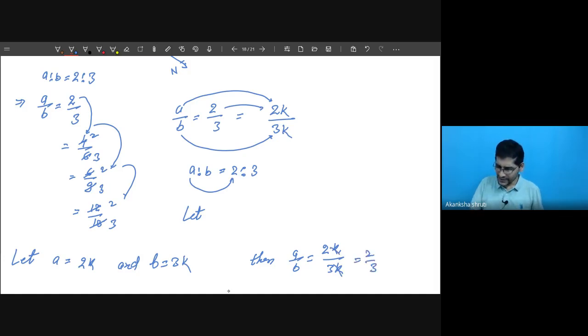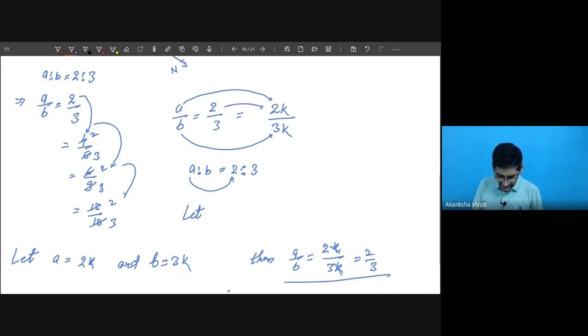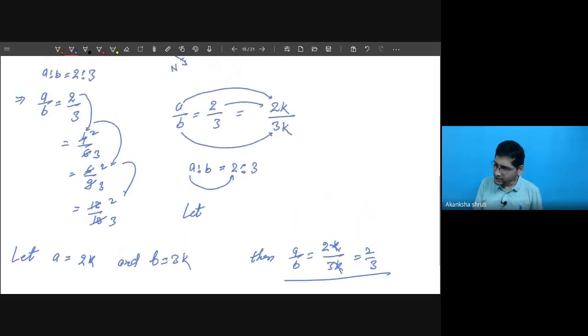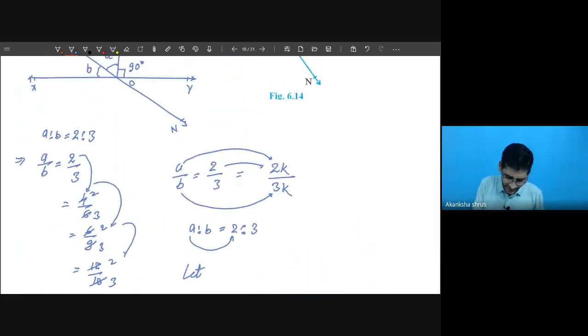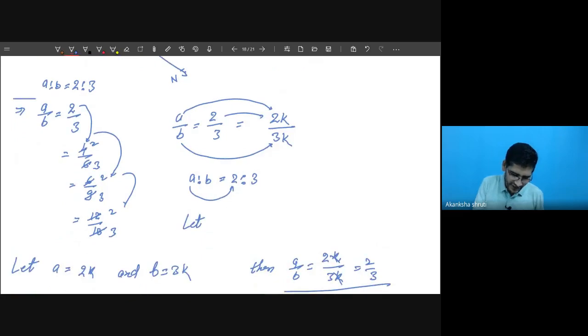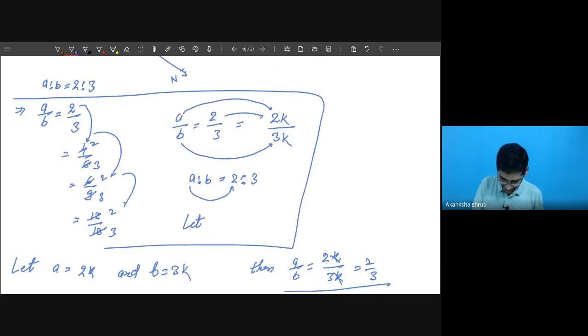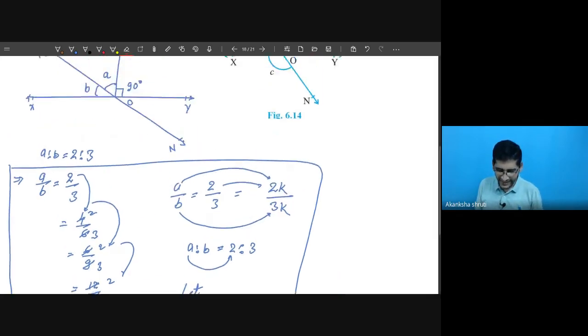So based on this given information, we take A in terms of some K and B also in terms of K. This much is your explanation only. You need not write this in the examination, but you must keep in mind this is useful. Why are we taking 2K and 3K? Because it is given as a ratio.